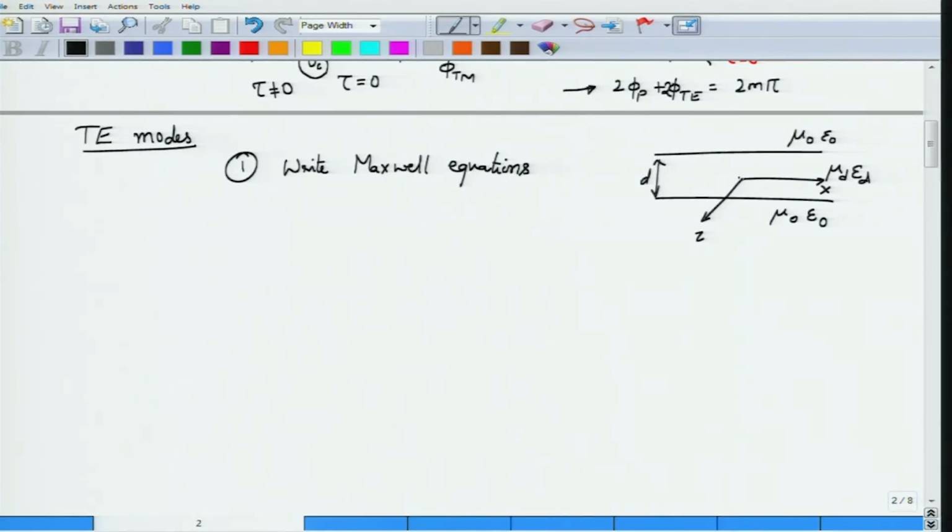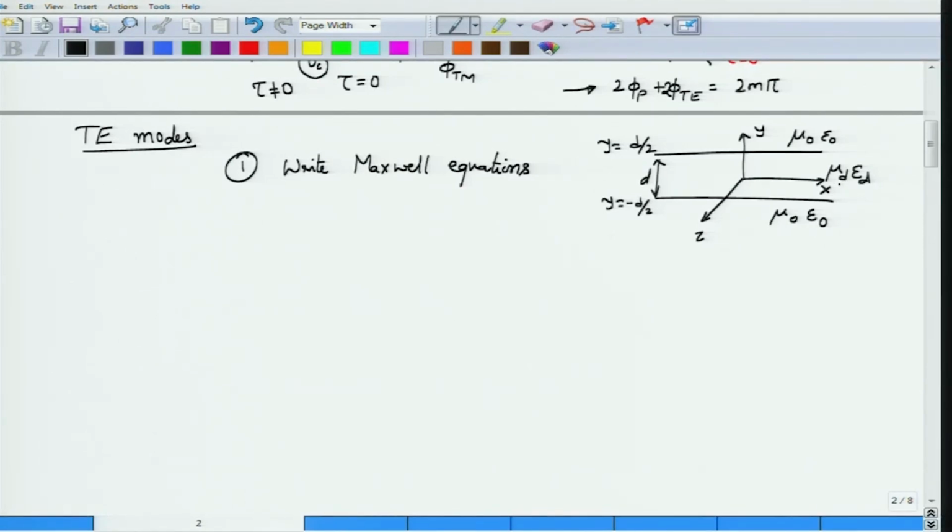Okay. We set the coordinate system at the center and call the axis along which you have the two interfaces the y axis. Okay. So, you have the top surface at y equal to d by 2, the bottom surface at y equal to minus d by 2, okay, and the wave is propagating along z.